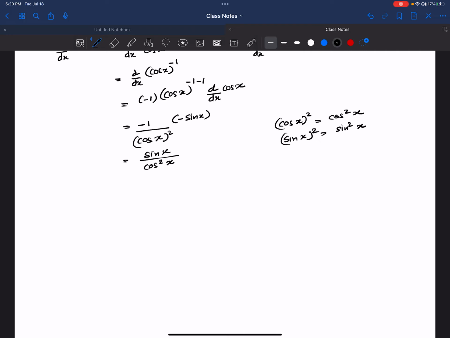And then sine x, we can write as sine x divided by cosine x times 1 over cosine x. This is tangent x times secant x. So d over dx secant x is equal to secant x times tangent x.